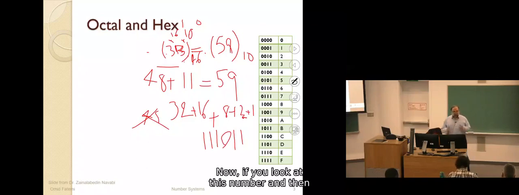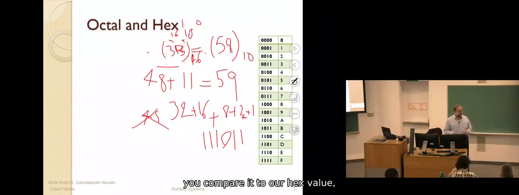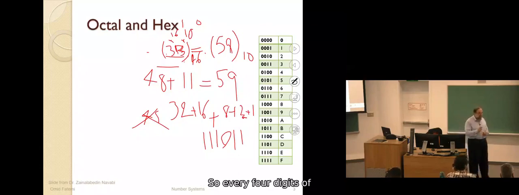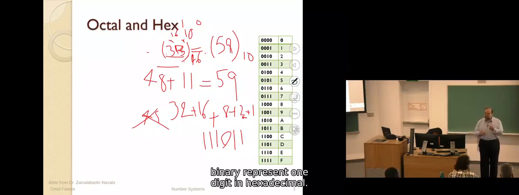Now, if you look at this number and then you compare it to our hex value 3b. I've told you hex 16 is 2 to the 4. So every 4 digits of binary represent 1 digit in hexadecimal.